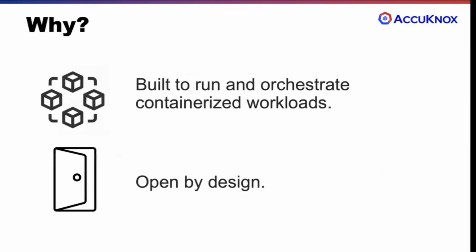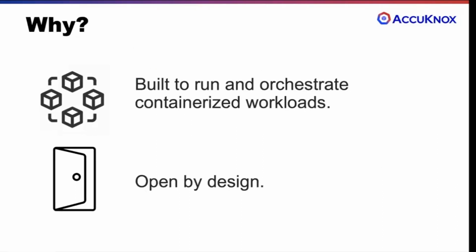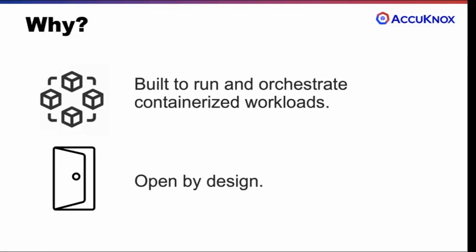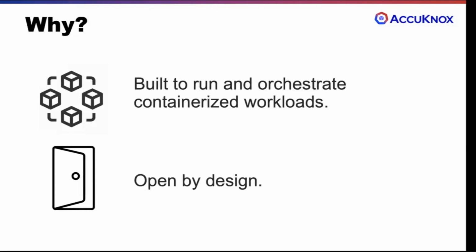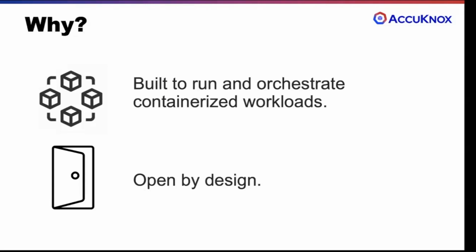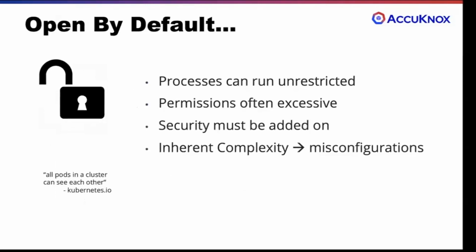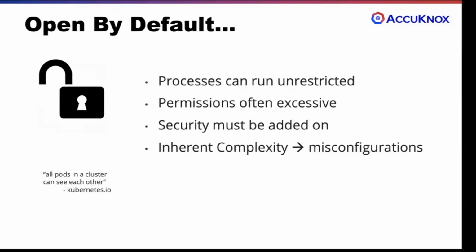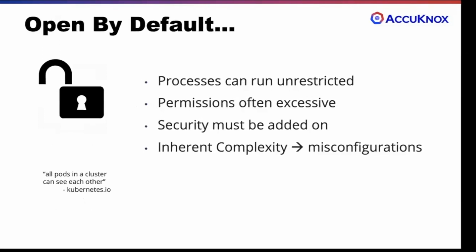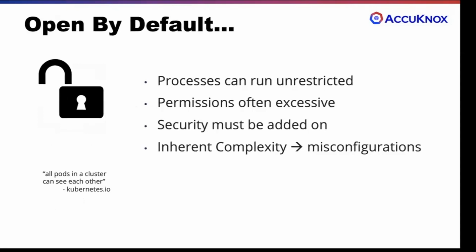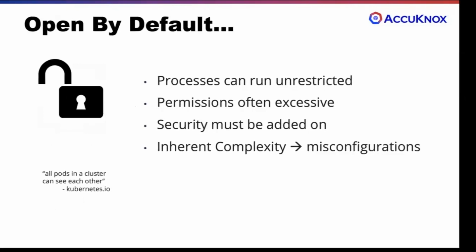Well, if you think about it, Kubernetes was really built to run and orchestrate workloads. So it's open by design. Unfortunately, security is an afterthought, and it's being added on as another set of projects that are being individually rolled out into the architecture. So not baked in by default. So what does that mean? Open by default means that processes can run unrestricted within the containers. There's no way to lock that down.